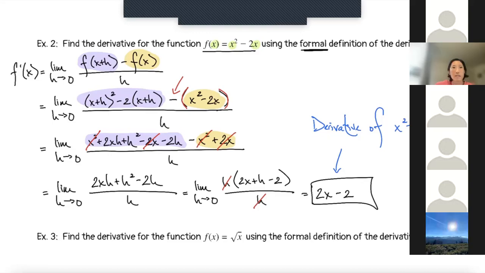Do I need to factor out the h from the numerator and write that down? Yes, I would like you to write that down.